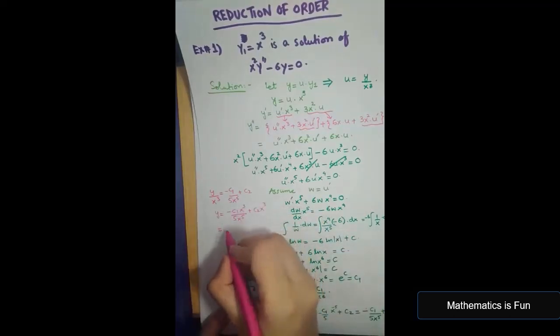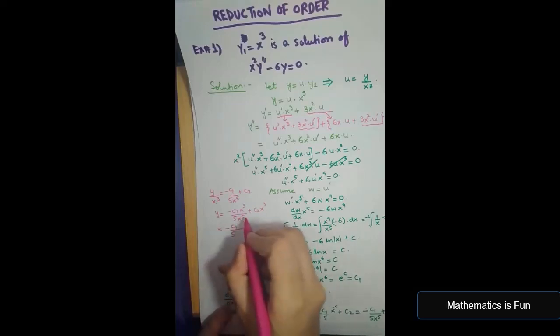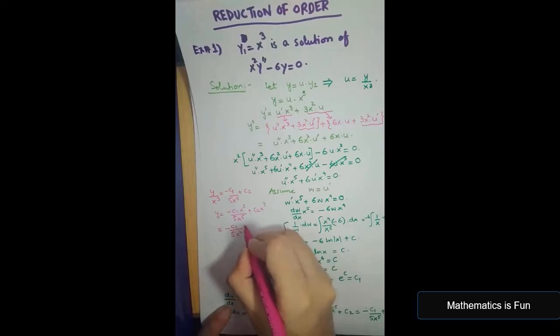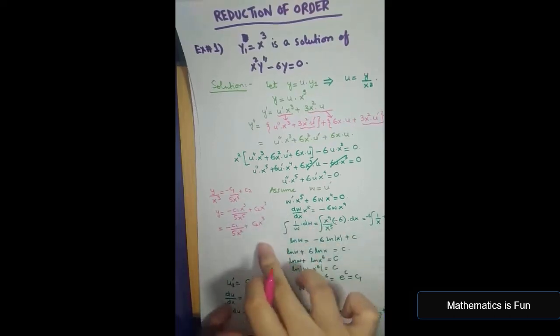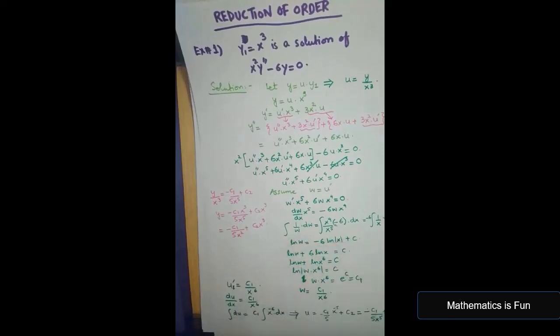So that becomes minus c1 over 5x squared plus c2 x cubed. So here is this combination of solutions.